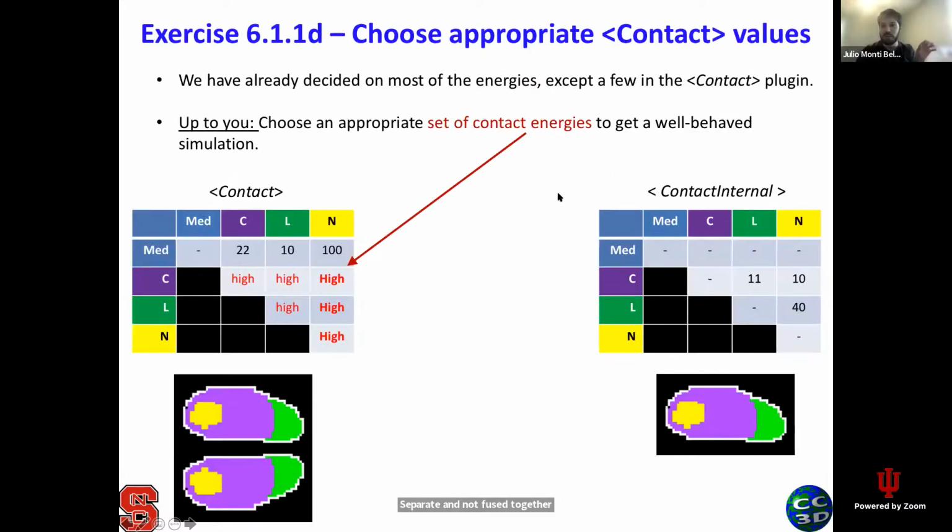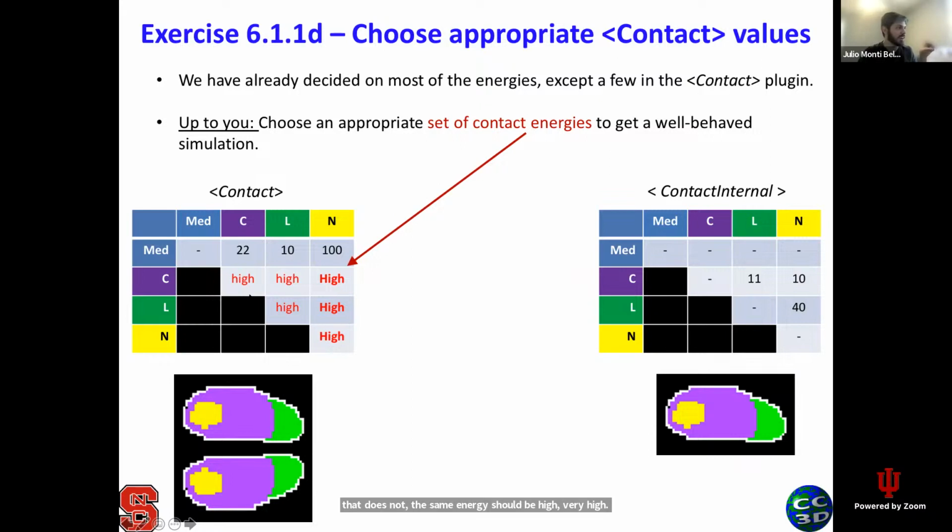So let's go back here to this table. And remember that we talked about this at the very beginning, right? We reasoned that the contact energy of the nucleus with everything else that's external to it and does not belong to the same cell should be very high.